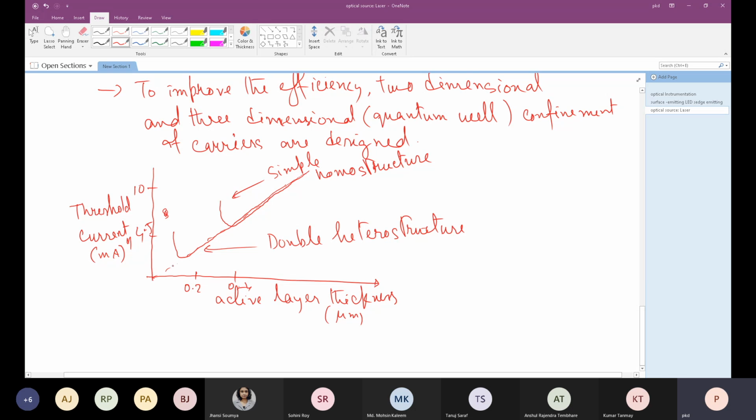Below the threshold current, spontaneous emission dominates.